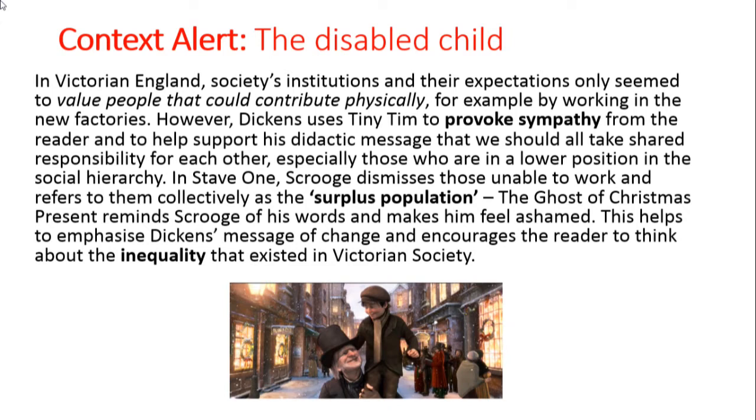So you may want to pause the slide here because there is some information that you're going to want to jot down as bullet points that speak about Victorian England, about its institutions, so the monarchy, the government, the church, and basically the unfortunate expectation that only those individuals that were able-bodied and were working to contribute to society were therefore valued by the institutions.